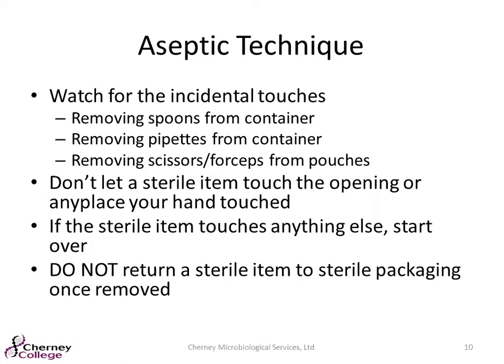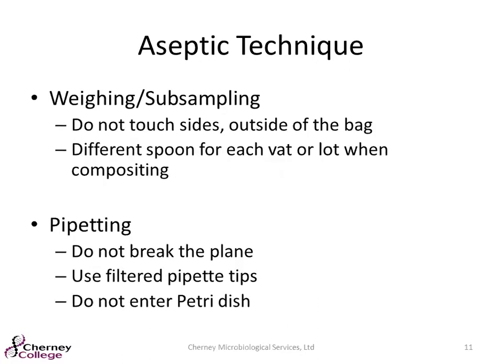And then once you remove something into the environment, don't put it back. So if you took out a pipette tip and you're like, oh wait, I forgot to open this bottle, just dispose of that pipette tip and take a new one when you're ready. When you're weighing, don't touch the sides or the outside of the bag, and if you can possibly wipe it down with some sanitizer or alcohol, that'll help.